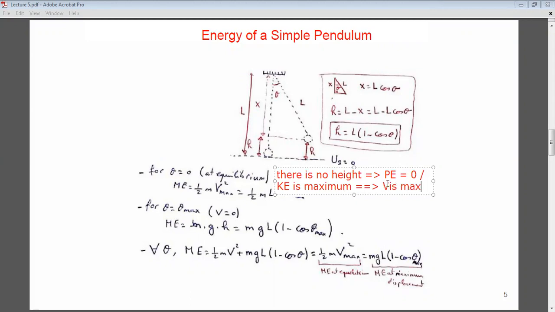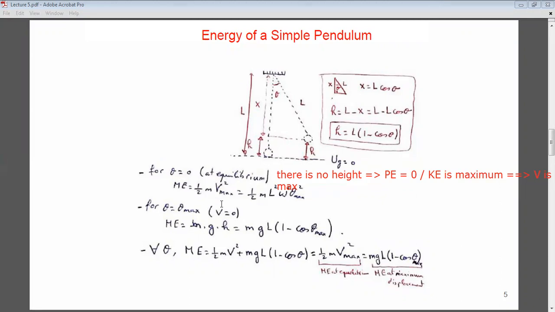So V is maximum, the speed is maximum, at the equilibrium position. So mechanical energy at the equilibrium position doesn't have potential energy, it only has kinetic energy. So it is half m v squared, but not any v, it is v maximum squared. So mechanical energy at theta equal to 0 is half m v maximum squared.